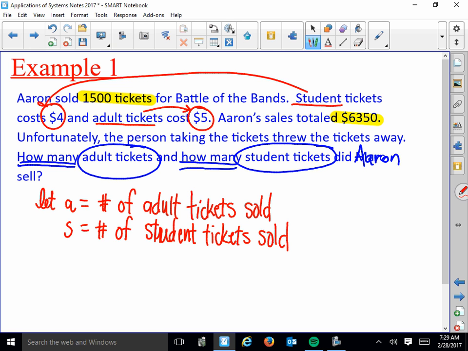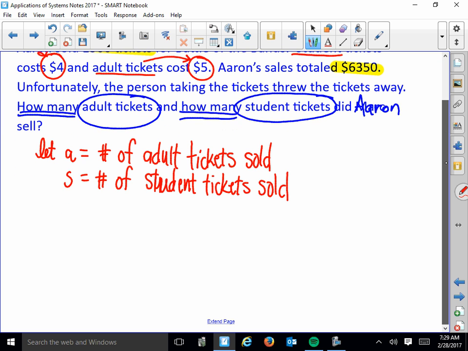If you feel more comfortable using X's and Y's, then definitely use X's and Y's instead of two different variables.